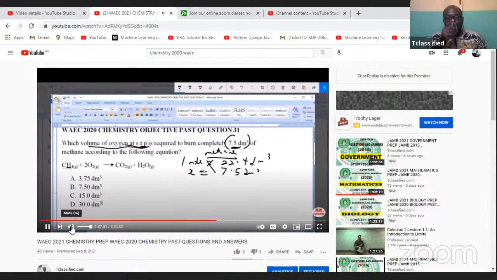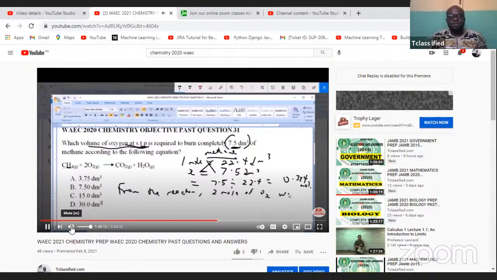When you cross multiply, that will be 7.5 divided by 22.4, and that's 0.334 mole. Now, from the reaction, 2 moles of oxygen was used. So you can see here, 2 moles of oxygen was used to burn this volume of methane.